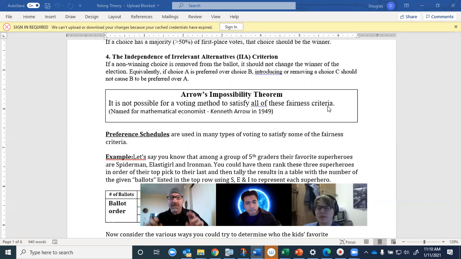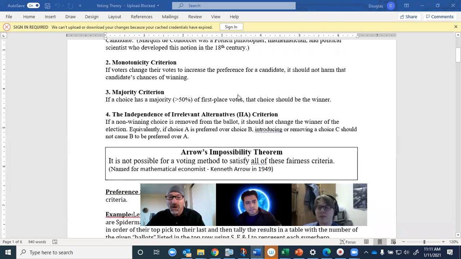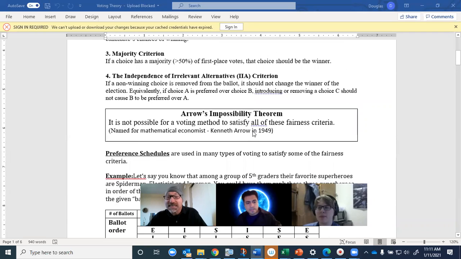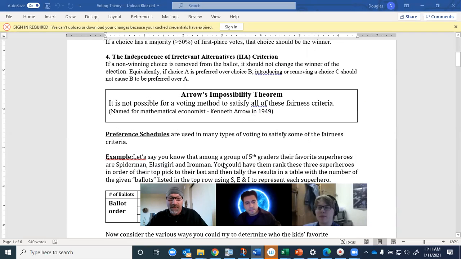Nothing would ever be completely and perfectly fair, and that is an accepted notion in voting theory. We want a method that has the least violations of the fairness criteria, the most fair, or really the least unfair.